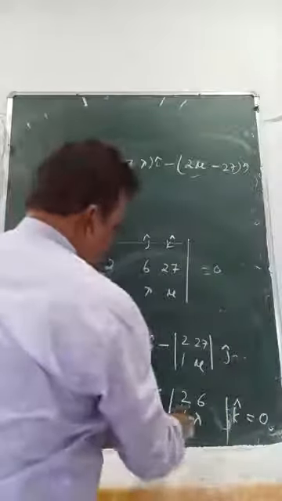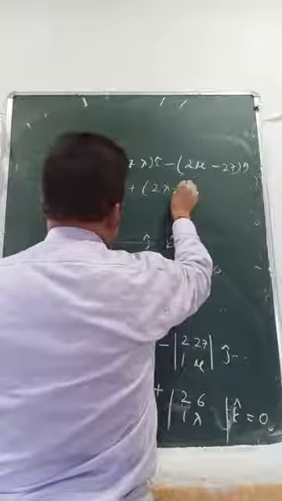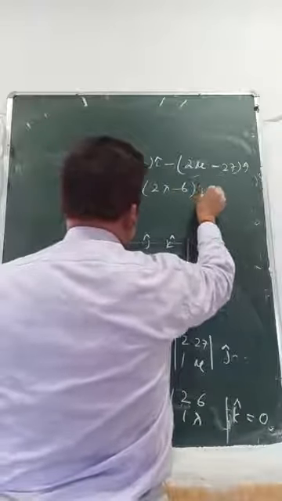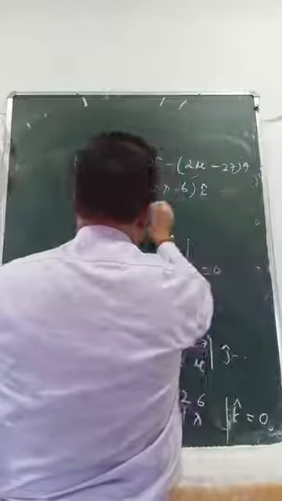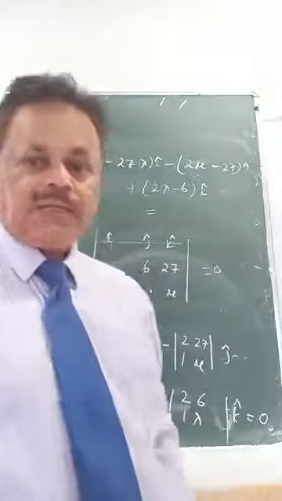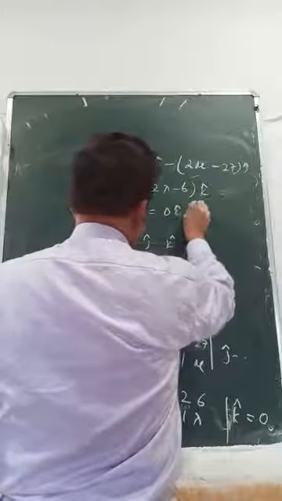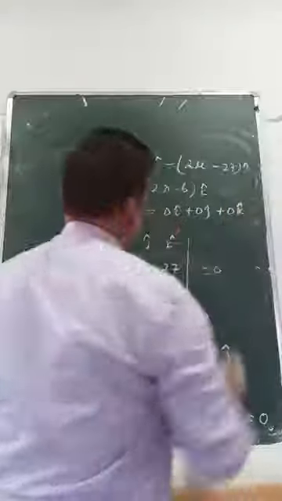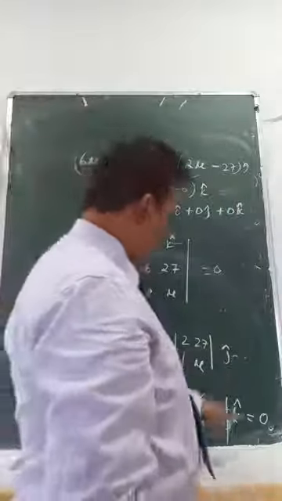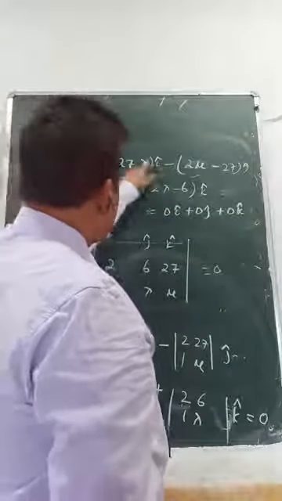This is 2 lambda minus 6 k equals 0, meaning the 0 vector. What is the 0 vector? 0i, 0j, 0k. Because this is in vector form, this will also be in vector form. So compare i to i.